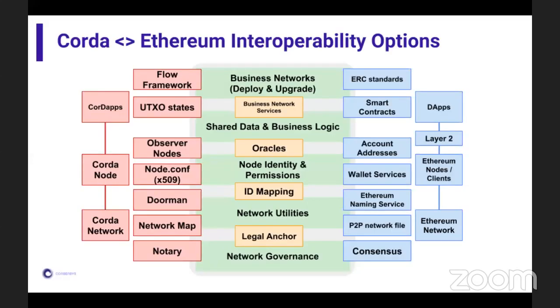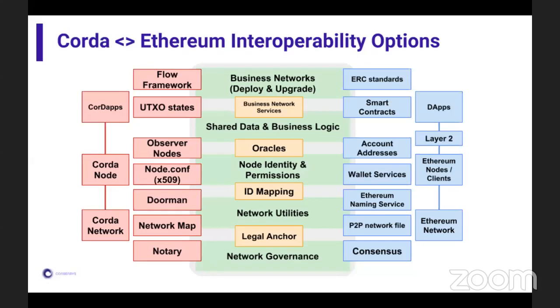I'm just showing, there was a question on how you integrate, or what the possible interoperability is between Corda and Ethereum. We have an ERC token standard in Ethereum, and the flow framework in Corda. dApps in Ethereum have corresponding CorDapps. In Corda, we do UTXO states; in Ethereum, we do smart contracts. Every account has an address in Ethereum, and we have node addresses in Corda, where node configurations are done.